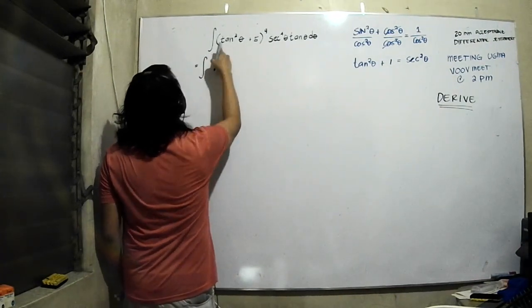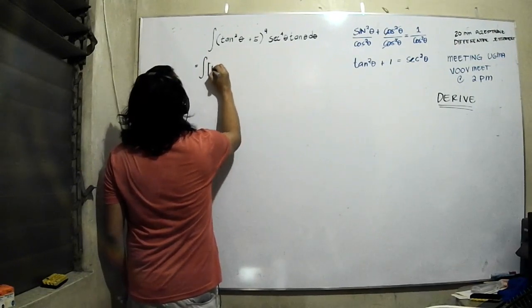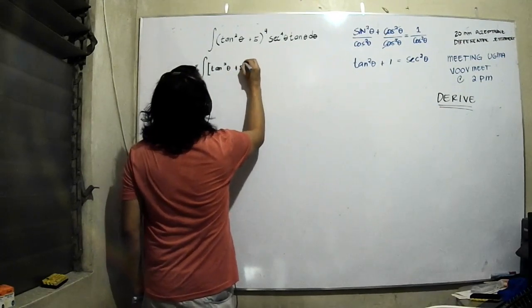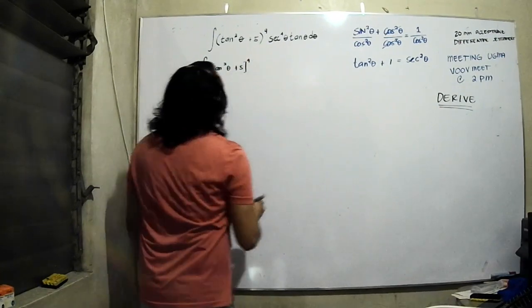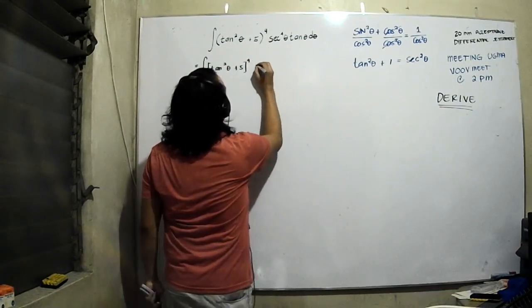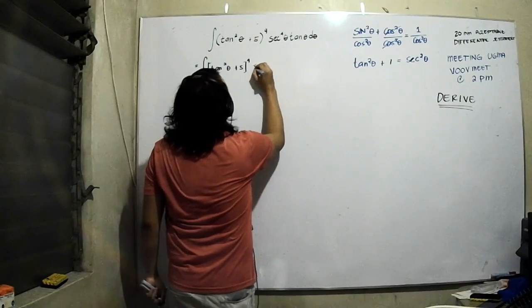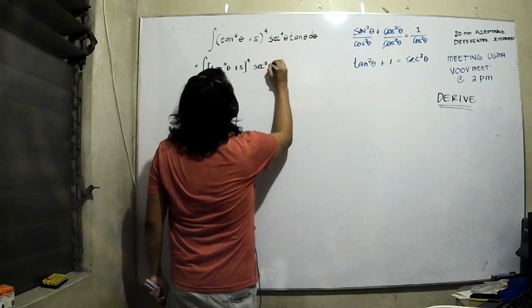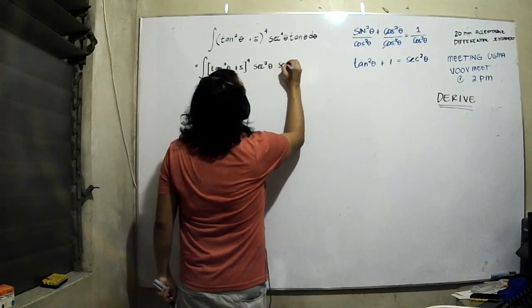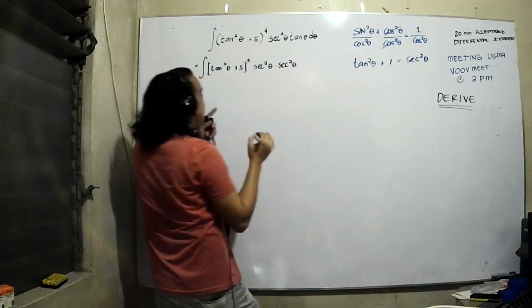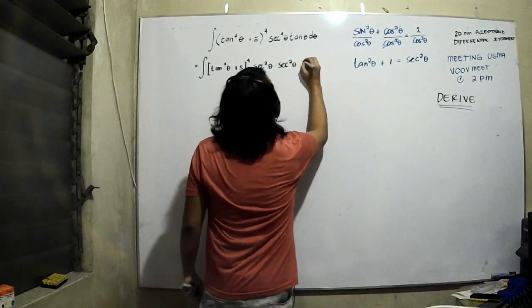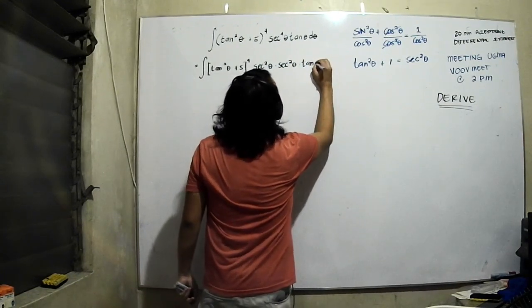So tangent squared theta plus 5 raised to the power 4. This secant 4 we can break into secant squared theta times secant squared. Then tangent theta d theta.